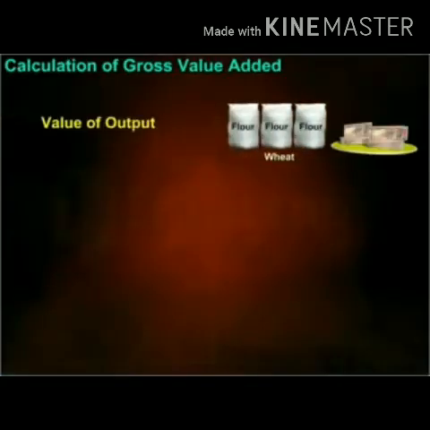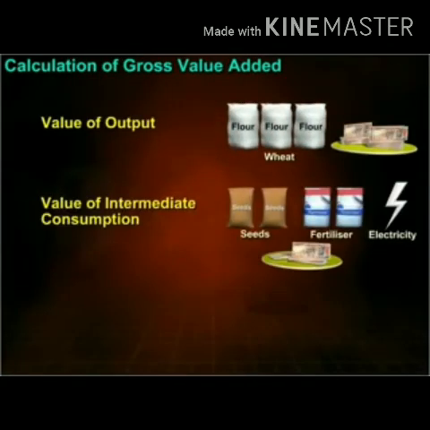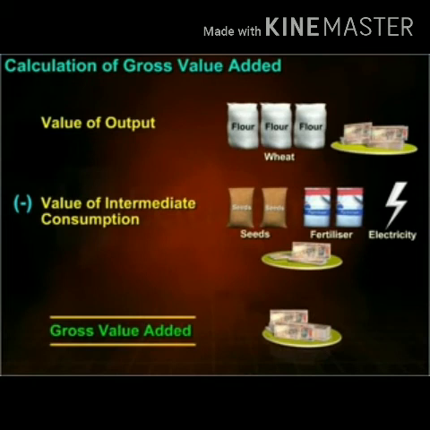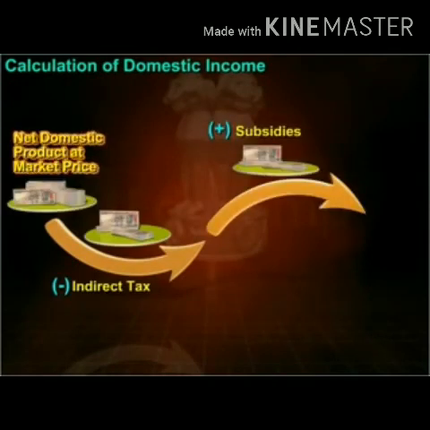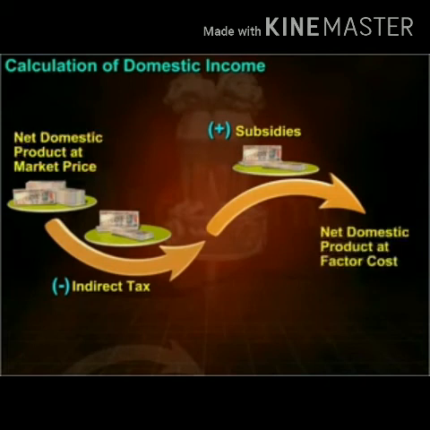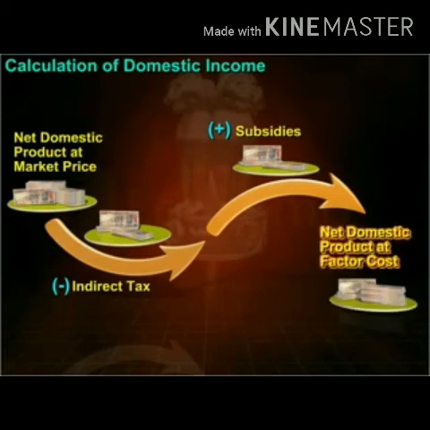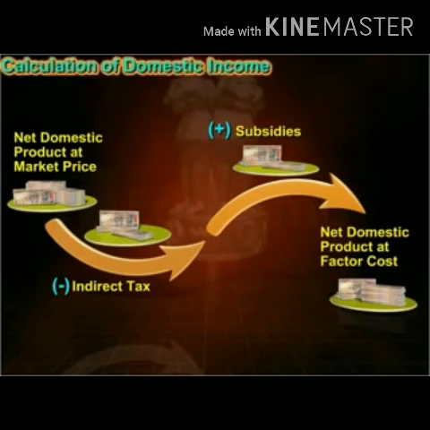From the value of output, we deduct the value of intermediate consumption to calculate GVA, gross value added. Clear? To calculate domestic income, we subtract indirect tax and add subsidy to reach the net domestic product at factor cost.